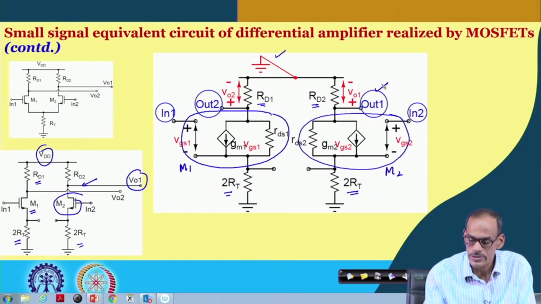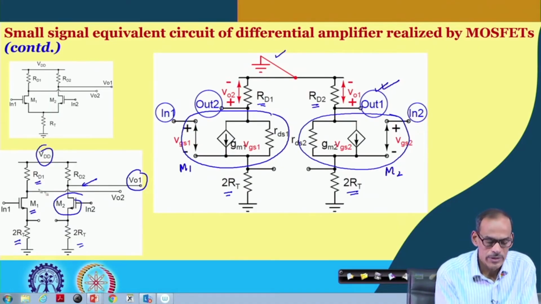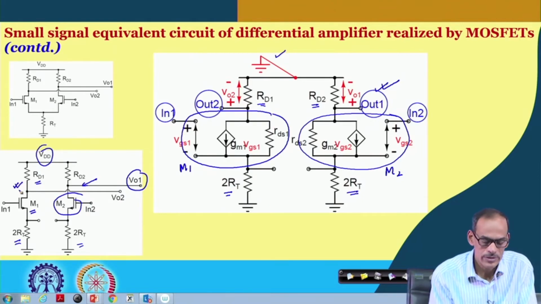we call it out 1. On the other hand, the drain node of transistor 1 we call out 2.